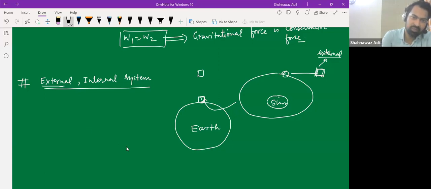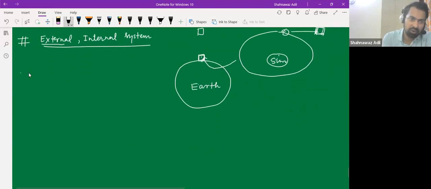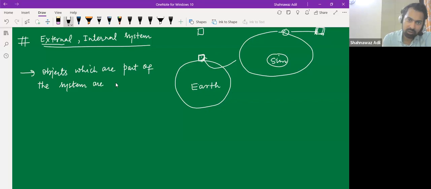So keeping these in mind, objects which are part of the system are called internal.